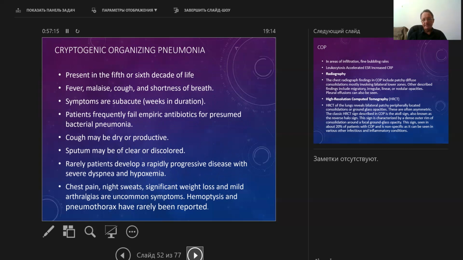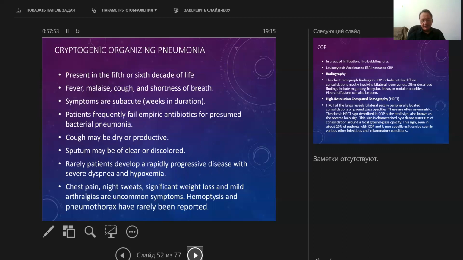Patients frequently fail empiric antibiotic therapy for presumed bacterial pneumonia, because the first diagnosis in such a patient with fever and X-ray changes is pneumonia. Sometimes the physician changes, and the patient obtains several courses of empiric antibiotic therapy without any effect.